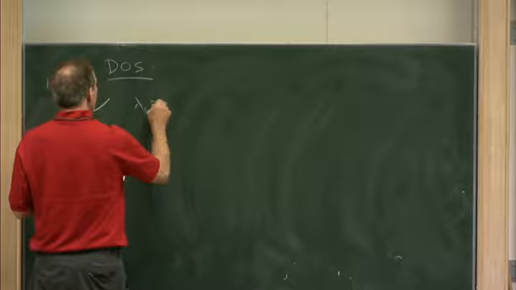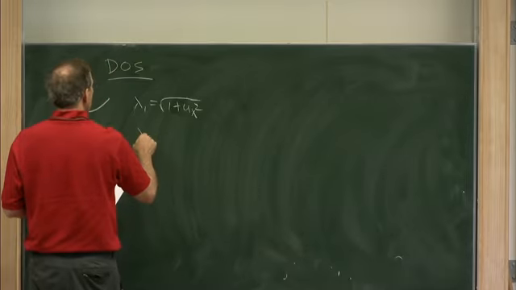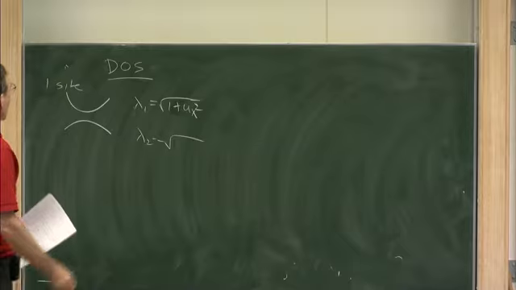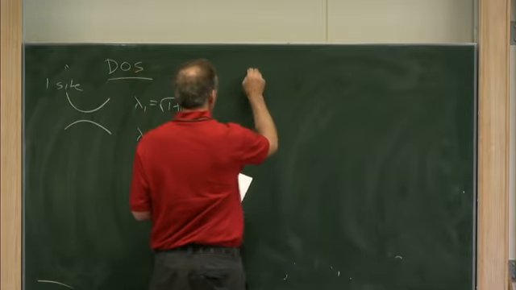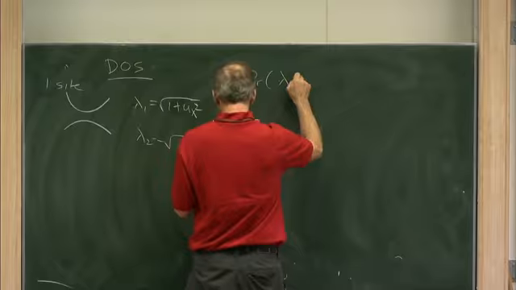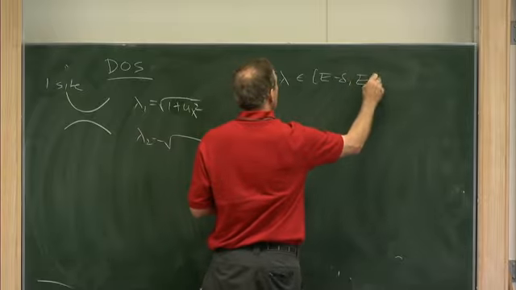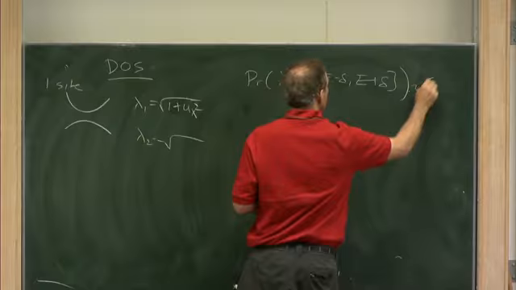We have lambda 1 is the square root of 1 plus ux squared, and lambda 2 is minus that. Now you'll notice that there's a quadratic minimum here. So if you were to ask the question, what's the probability that lambda is in one of these intervals, e minus delta, e plus delta, this would go like delta to the 1/2.